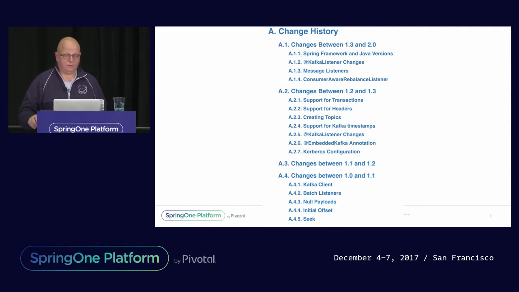In the 0.11, you can only just create them, and I'll show briefly how we do that. And then 1.3 was to support the 0.11 client, more Kafka listener changes, and some other additional changes.